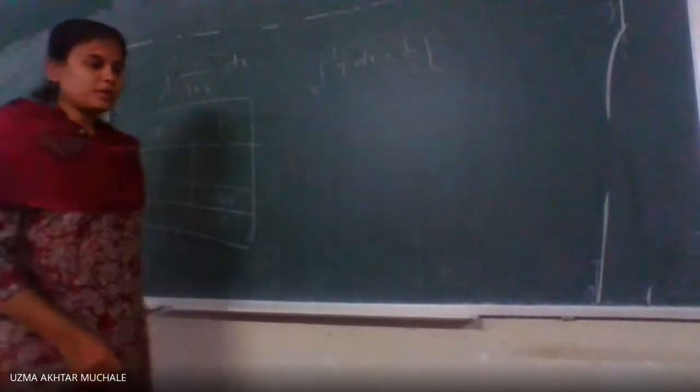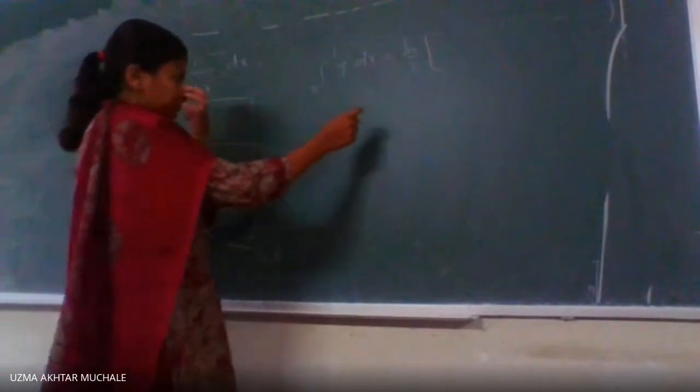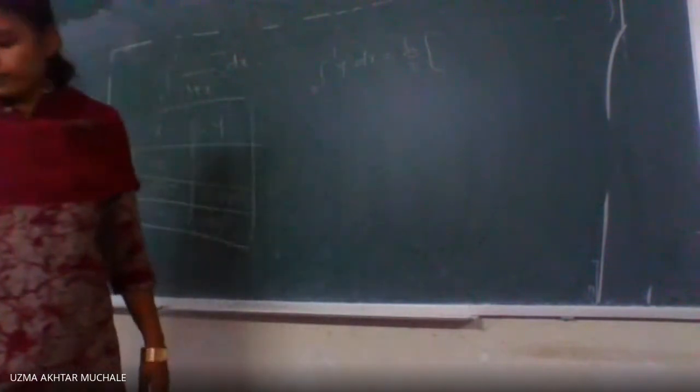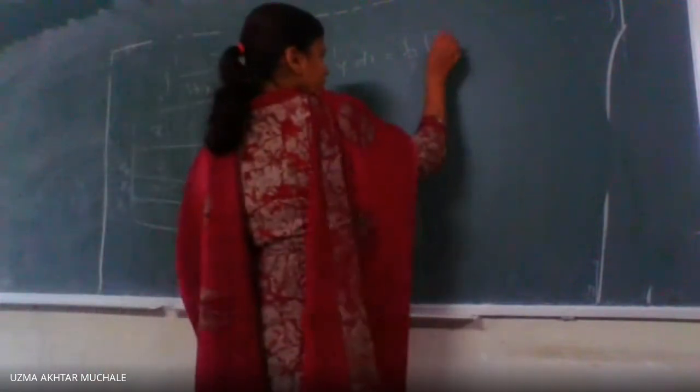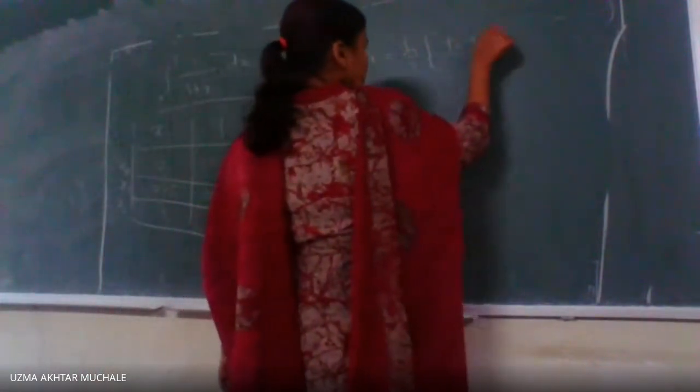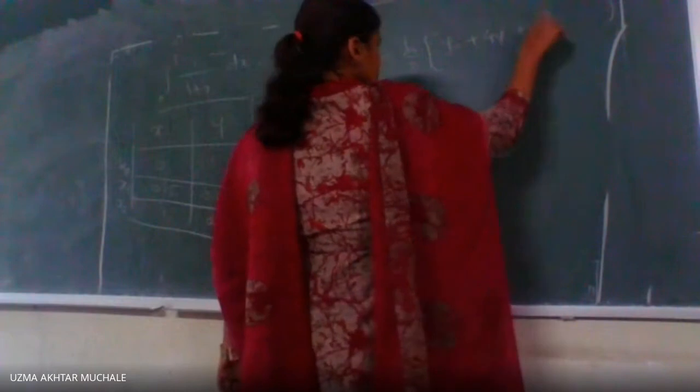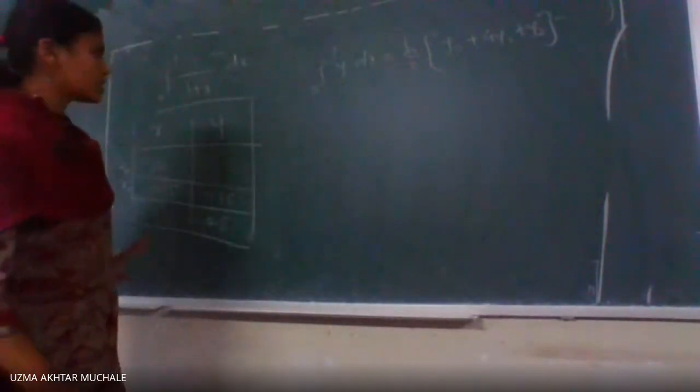If I write down the formula for Simpson's 1/3 rule, what will be the formula? h by 3 into y0 plus 4y1 plus y2. This is the formula when you have only 3 values, that is x0, x1 and x2.